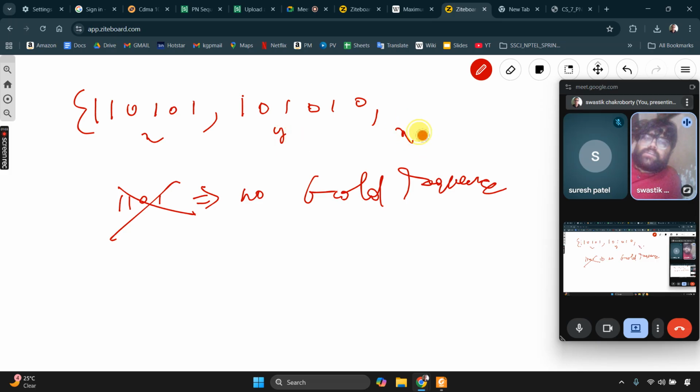Now you take x XOR y. 1 XOR 1, or 1 plus 1 modulo 2, that is 0. Then 1 XOR 0 is 1. 0 XOR 1 is 0. 1 XOR 0 is 1. 0 XOR 1 is 0. 1 XOR 1 is 0. So this is one sequence.